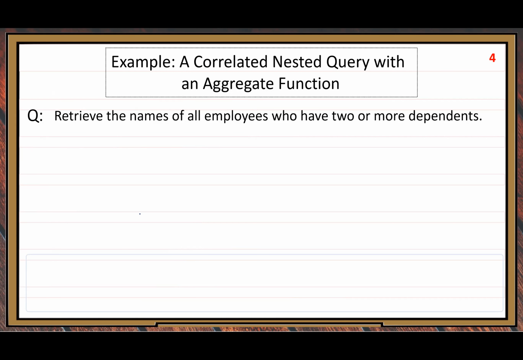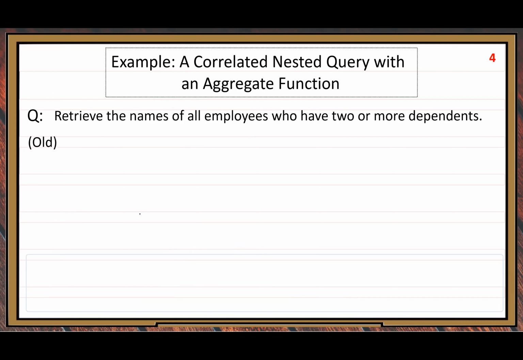So let's look at this query question. Retrieve the names of all employees who have 2 or more dependents. You have different ways to write this query. First, the older way.